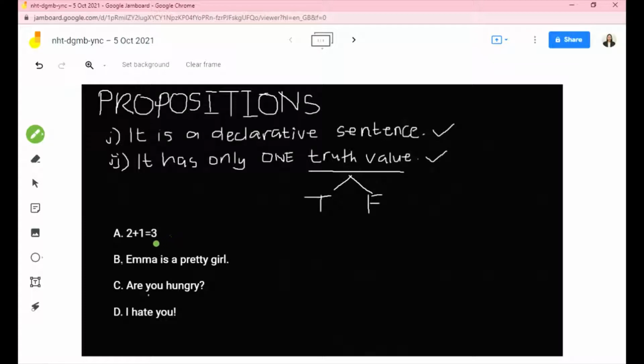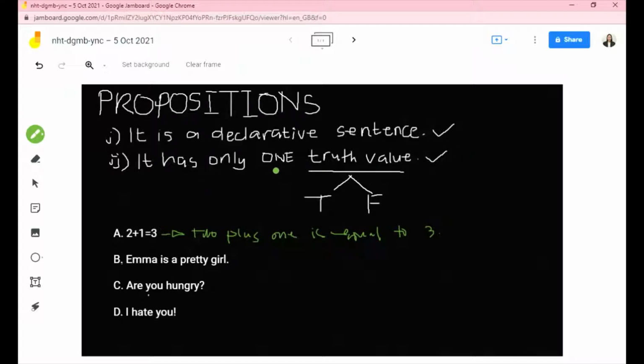Now take note, if we convert this mathematical form into an English sentence, we will have 2 plus 1 is equal to 3. So it is a sentence, a declarative sentence specifically. It has a subject and a predicate. Now it satisfies our first condition. What about the second condition?